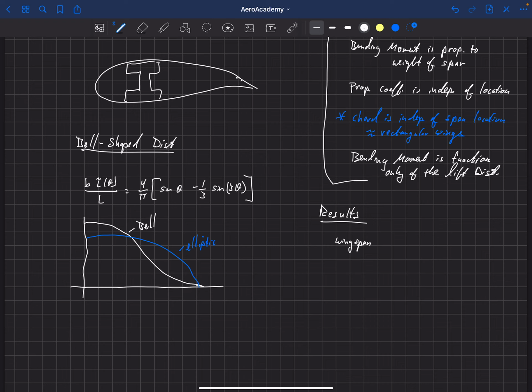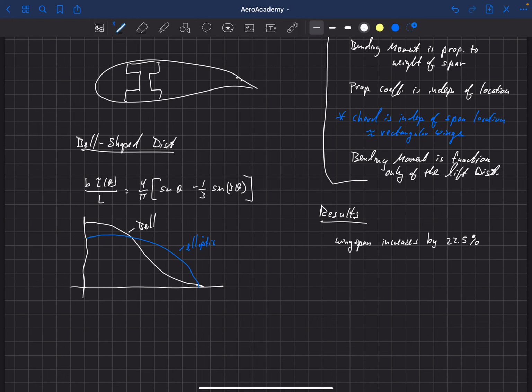It is a 22% increase in wingspan. Actually, it's 22.5%. So this allows an increase in wingspan of 22.5% over the elliptic lift distribution.